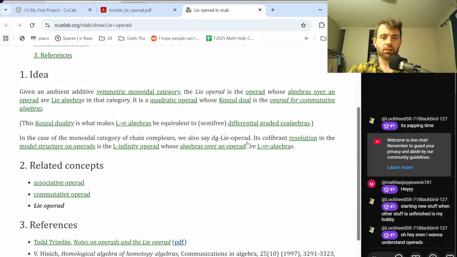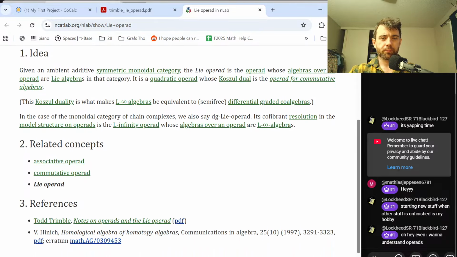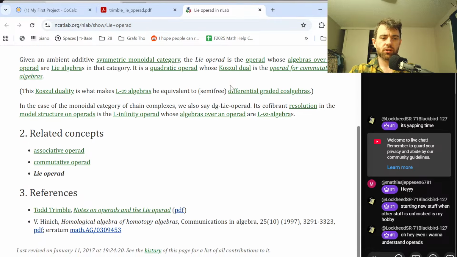That's a quadratic operad. Here's another interesting thing. Koszul duality comes up in my research area, and I know that there's a version of Koszul duality for operads, whose Koszul dual is the operad for commutative algebras. Very interesting.